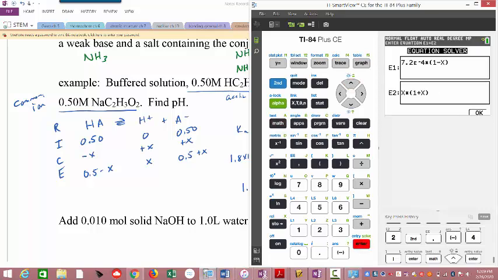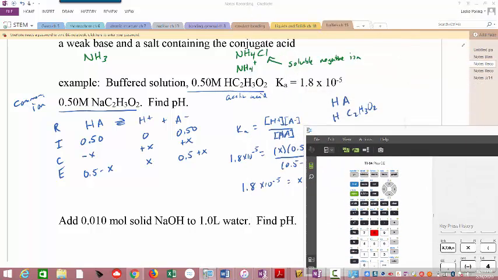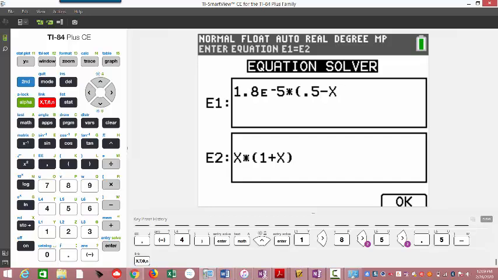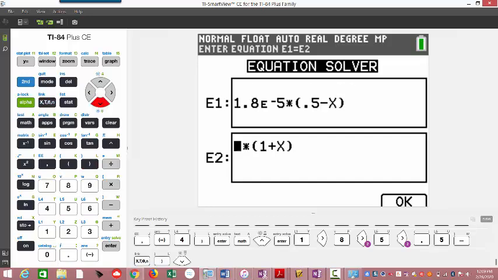So we go here and we have 1.8 times 10 to the minus 5 and we have 0.5 minus X. And then on the other side, we have X times 0.5 plus X. Okay.